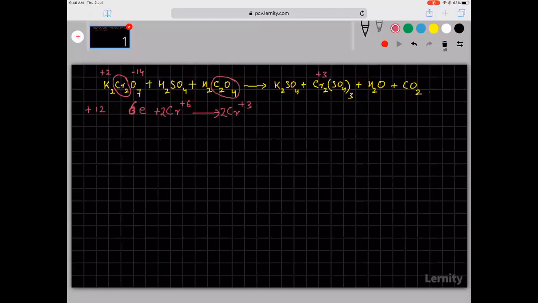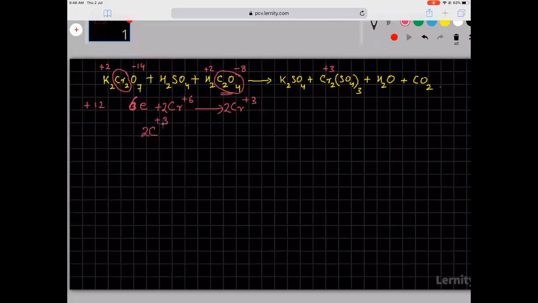Now let me look at C2O4. Okay, so C2O4, we can look at the C2O4 species itself or we can look at carbon. So this is minus 8, totally 4 oxygens are there, each minus 2, plus 2, so it is plus 3. So there are 2 carbons which are in the plus 3 state and it is becoming carbon in the plus 4 state.